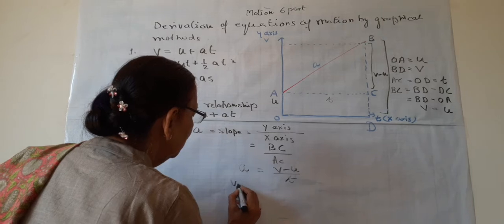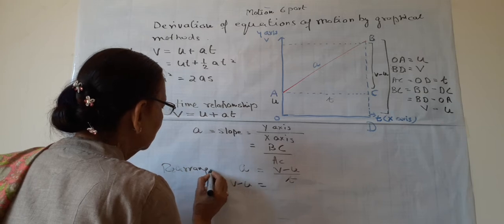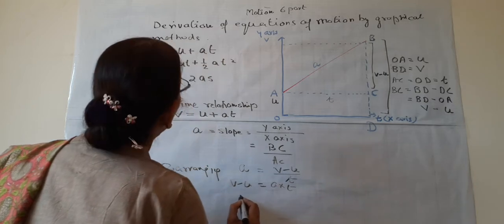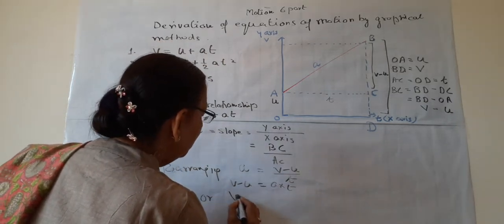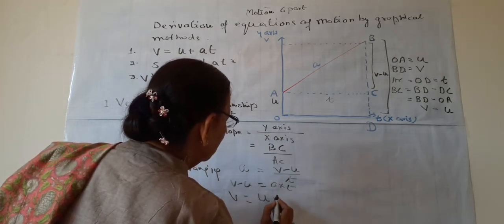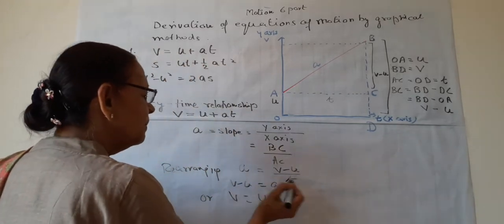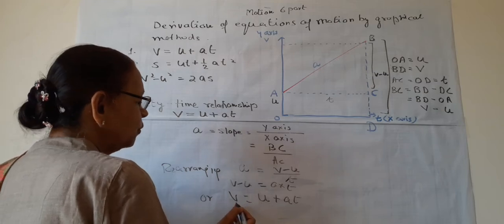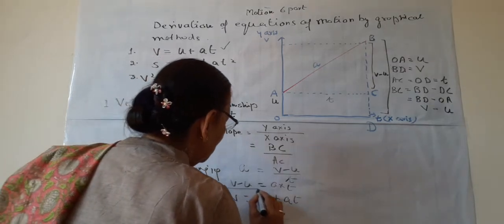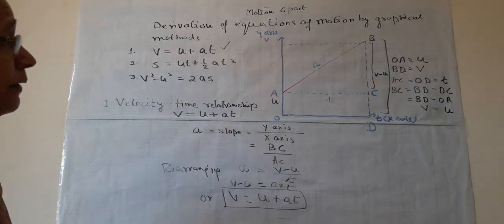Rearranging the equation, we get v minus u is equal to a into t, or v is equal to u plus at. This u comes on this side, it becomes plus. So v is equal to u plus at. In this way, the first equation is derived by the graphical method.